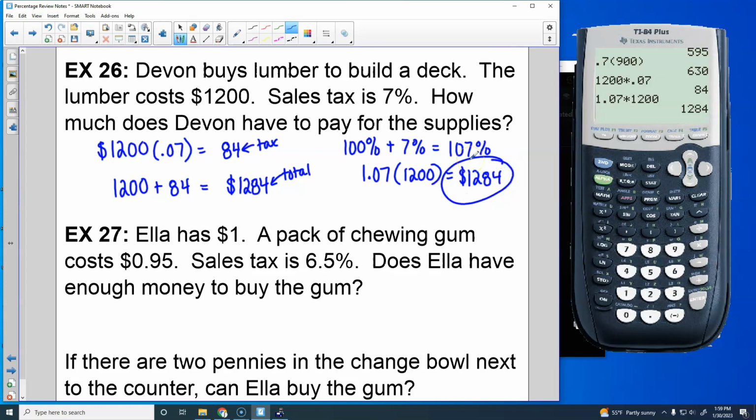Now, either one works perfectly fine for finding these answers, but I want us to work towards using this shortcut method where we're looking at the total percent of the value that we're looking at. So $84 is a pretty significant amount of money that you need to account for. If you've saved up money to build this deck, you need almost an extra $100 just to pay the sales tax on it. So you want to make sure you think about that before you. And sometimes we're accustomed.